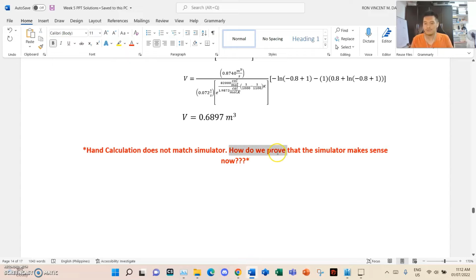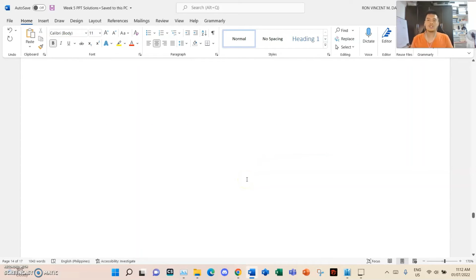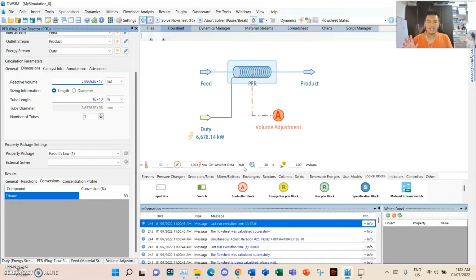So how do we prove that the simulator makes sense now? Well, we can approach it another way. There must be a reason why the simulator yielded this value.